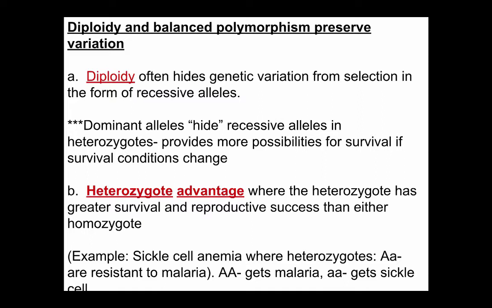The heterozygote advantage is where the heterozygote actually has a greater chance of survival and reproductive success than either homozygote. Maybe like sickle cell anemia, where the heterozygotes, big A, little a, are resistant to malaria. But if you're homozygous dominant, you get malaria, and homozygous recessive has sickle cell disease.